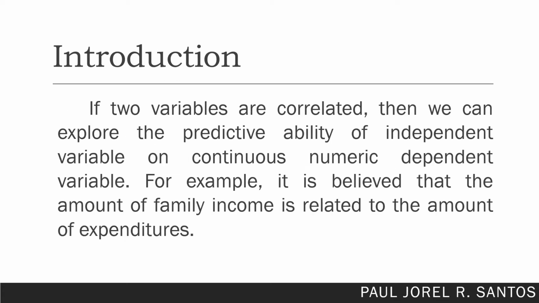Let us just say if two variables are correlated, then we can explore the predictive ability of the independent variable on a continuous numeric dependent variable. For example, it is believed that the amount of family income is related to the amount of expenditures.